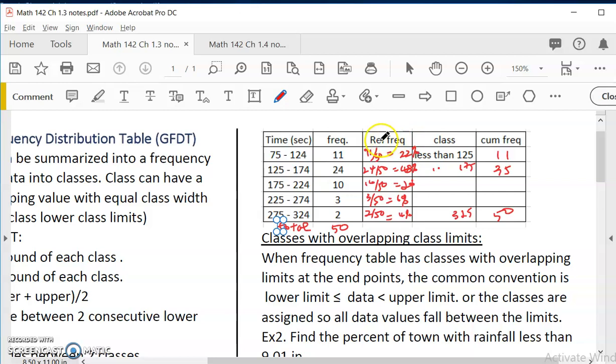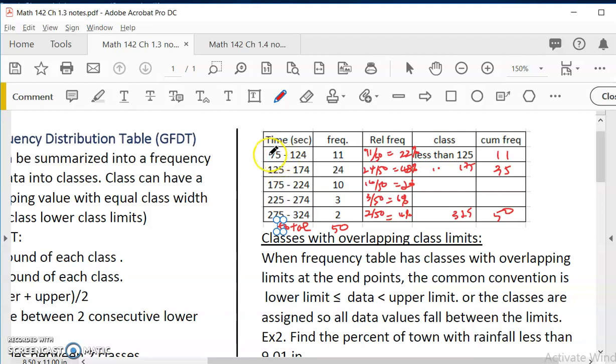One is constructing relative frequency, that means finding the percentage of each class, and also cumulative frequency, that talks about how many frequencies there are that are less than a number. And this less than number usually is a lower limit.